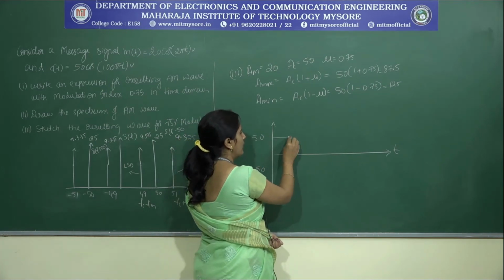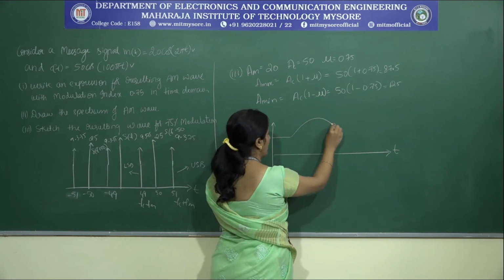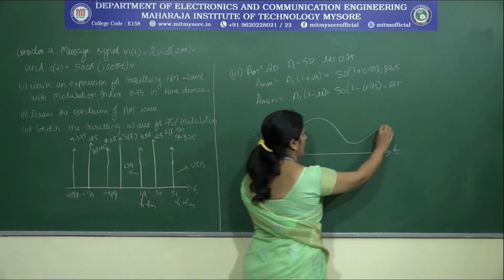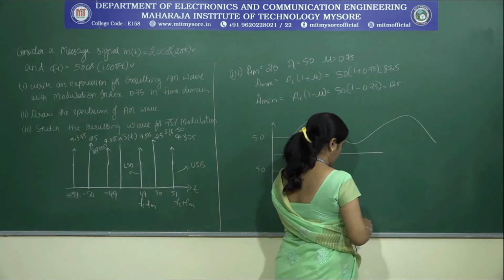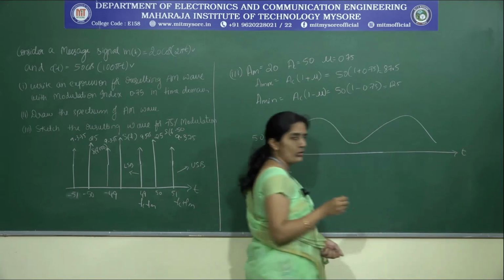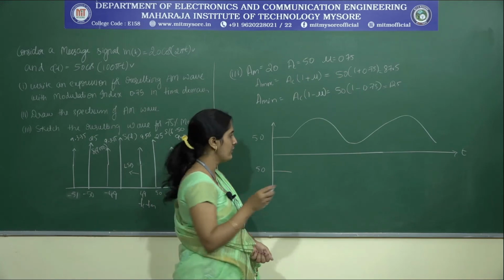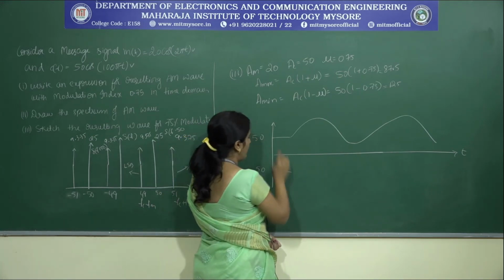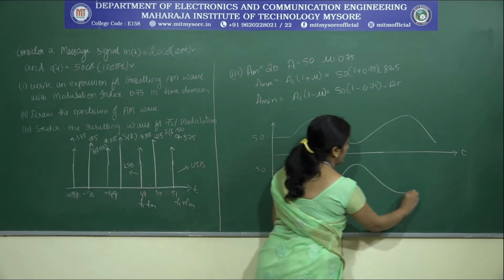From here, if we write like this, okay, we have written the amplitude modulation for when the modulation index is equal to 0.75. So you all know that, but for the amplitude of 50 we are going to represent like this.